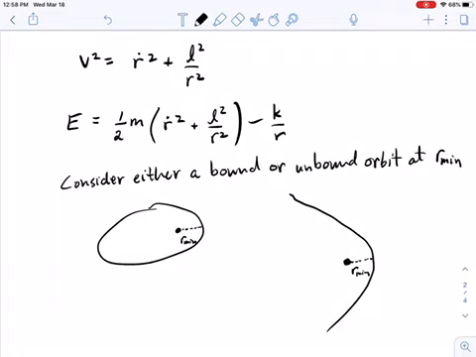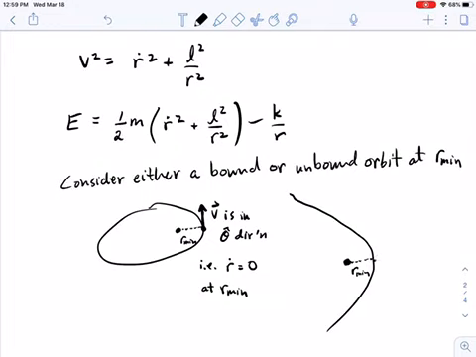So in either case, if we were to draw the instantaneous velocity of our planet, let's say this was going in a counterclockwise orbit, its instantaneous velocity is tangent to the orbit, and at r min, there's no radial component. There's only a theta hat component. So v is in the theta hat direction, i.e. r dot is equal to 0 at r minimum.